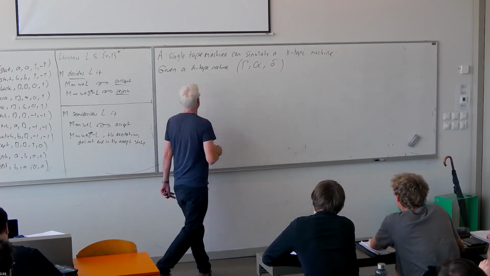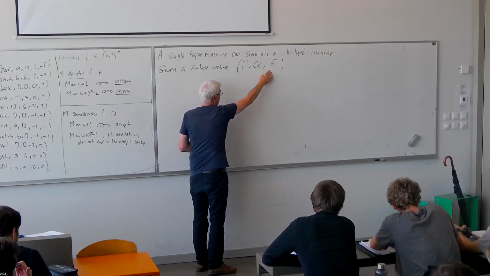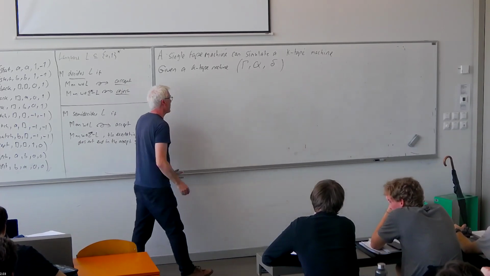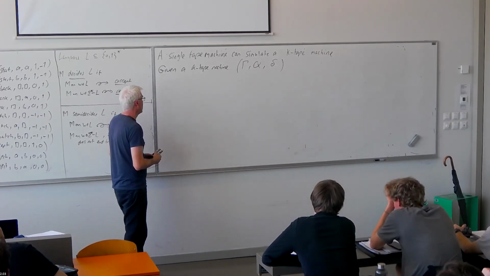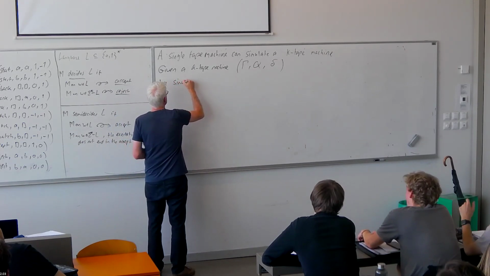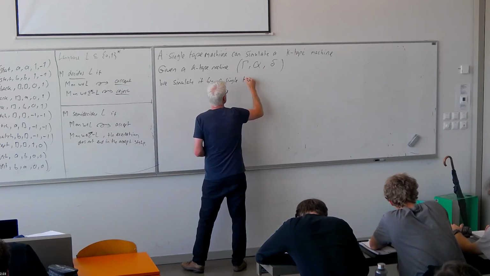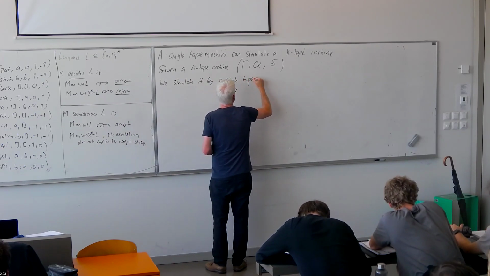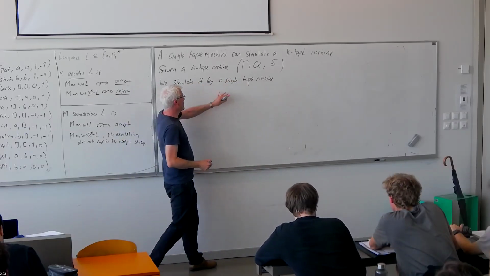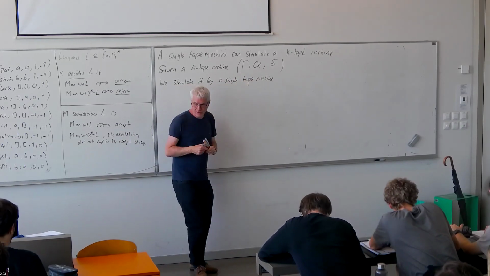Okay, so if you've got a K-tape machine, specified by tape alphabet, states, and the transition function, which has the right length of tuples in it to specify the K-tape machine, you simulate it by a single tape machine in the following way: we basically code up configurations of the K-tape machine using the single tape machine.